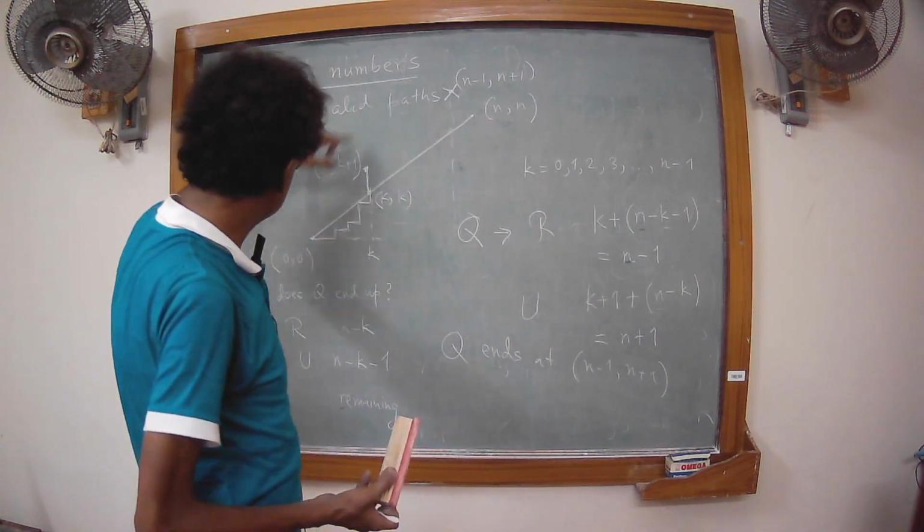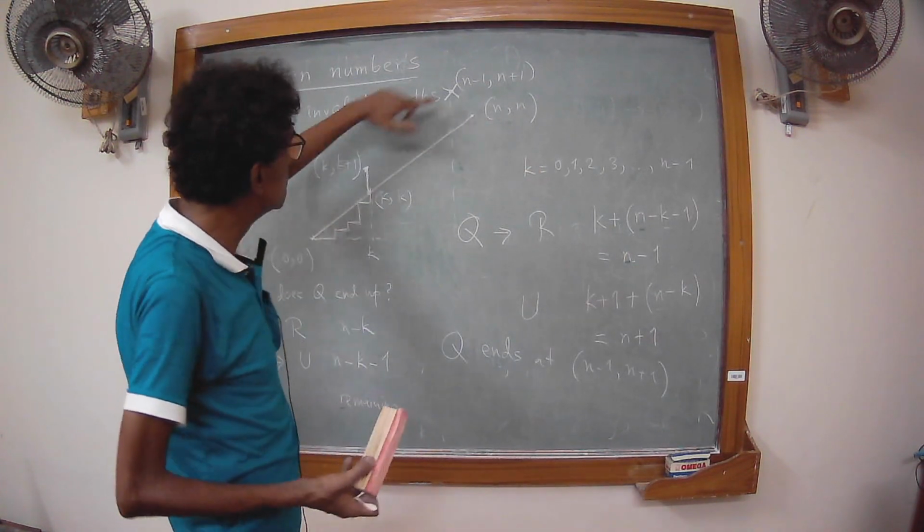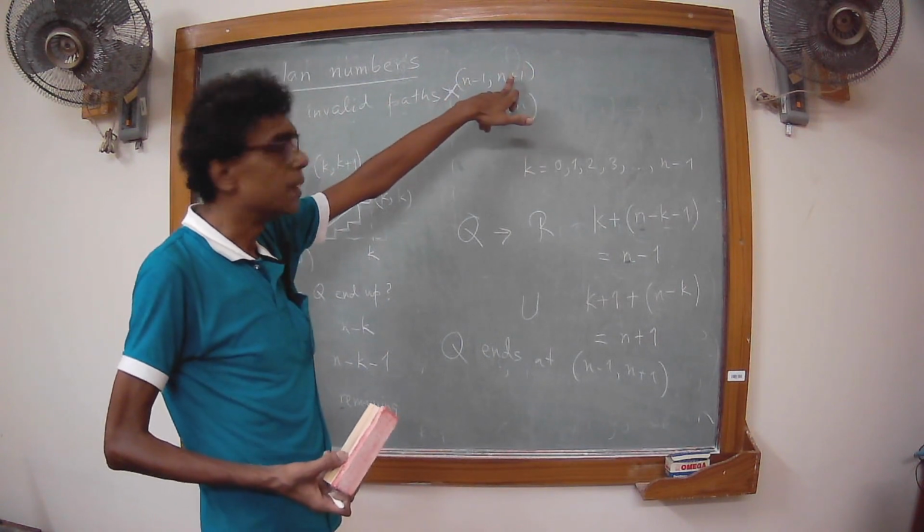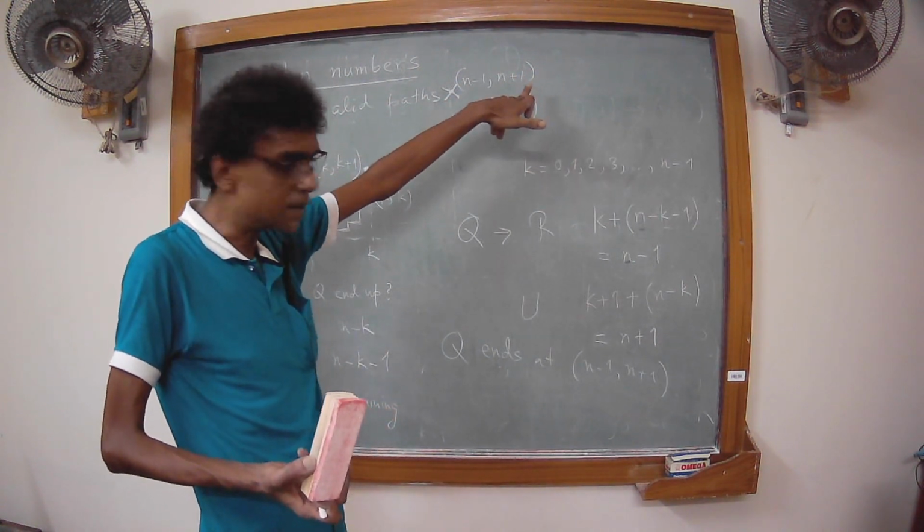And counting the number of paths from 0, 0 to n minus 1, n plus 1, that is easy using the generalized formula.